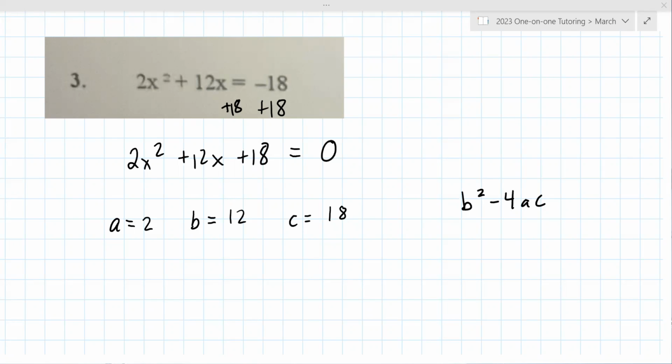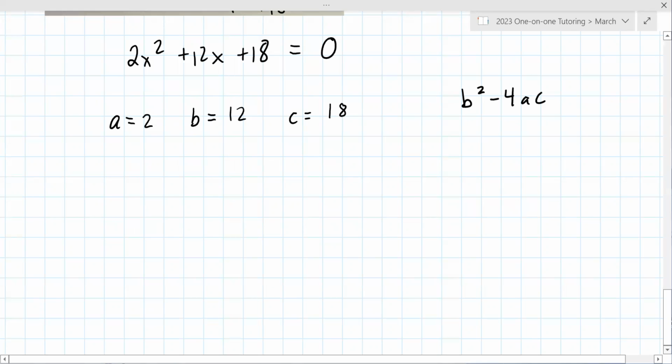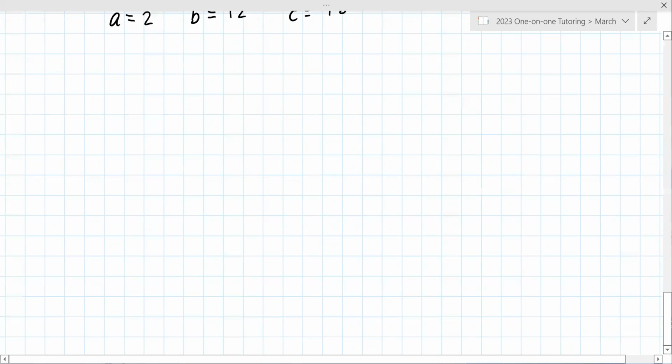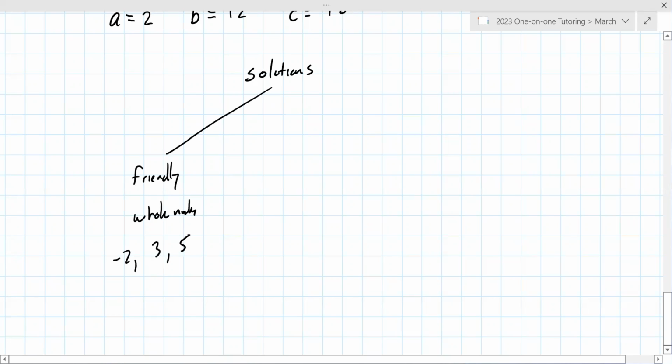So there's some possibilities here for the solutions. And I guess this might be as good a time as any to bring that up. The solutions have many different forms. They can be friendly, which means they might be whole numbers that you're used to, or integers like -2 and 3 and 5, things like that. As part of that, they could be repeated.